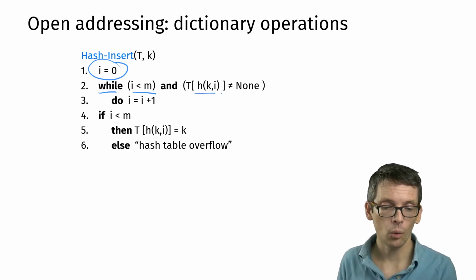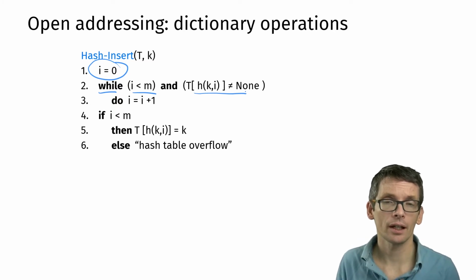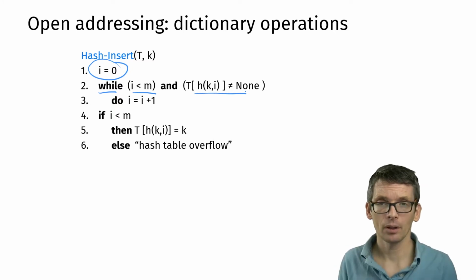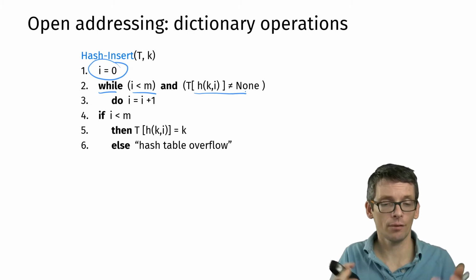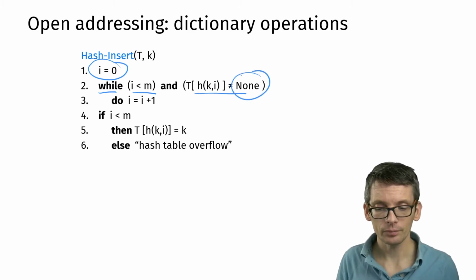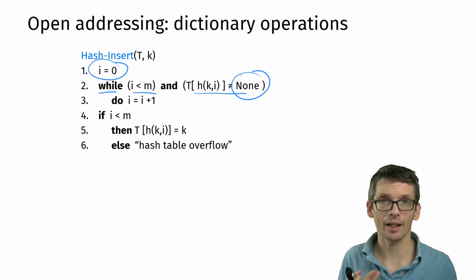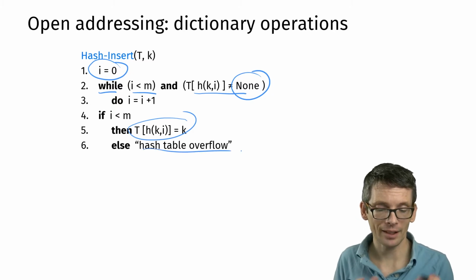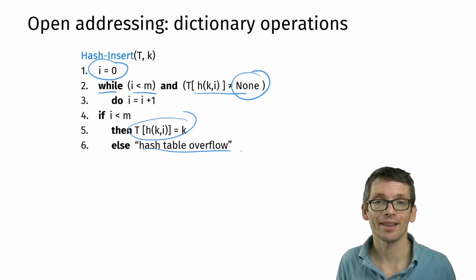And while at that position there's not None, meaning there is already a number, then I increase i. So I simply increase i until I find a None. Now if at that point i is smaller than m, meaning the table isn't full yet, we can simply place a key there. Otherwise, if the table is full, we should throw an exception that the table is full.